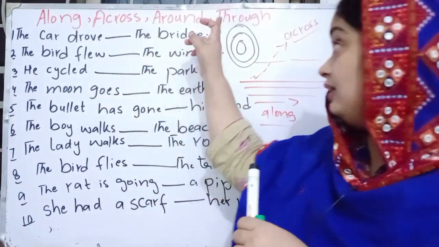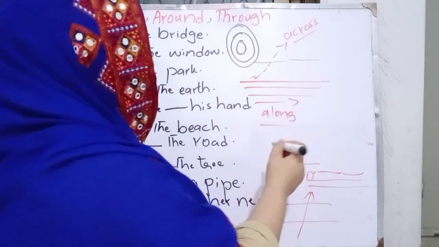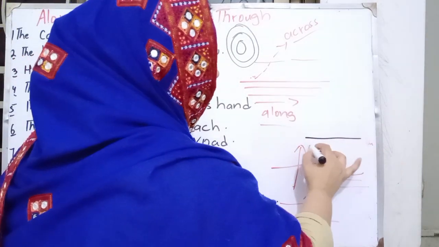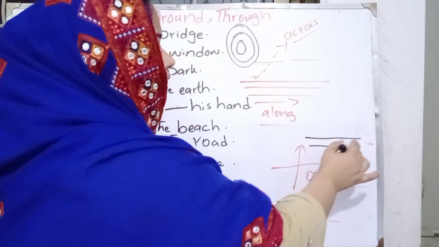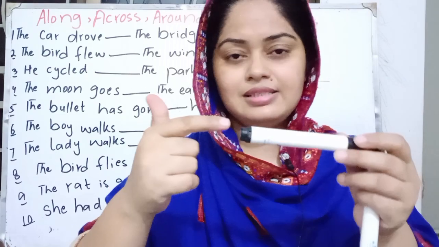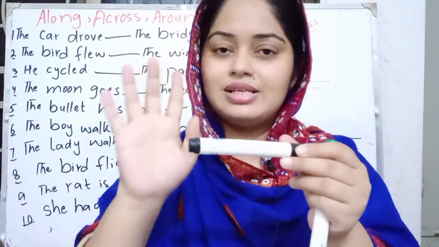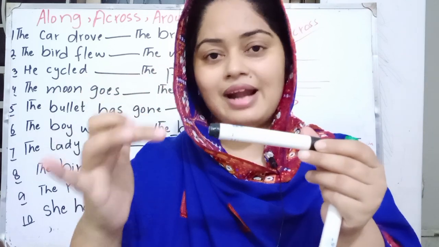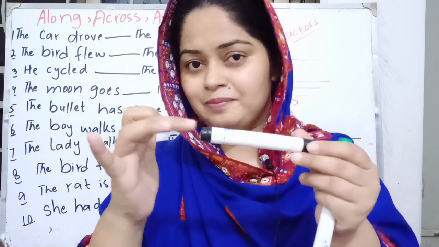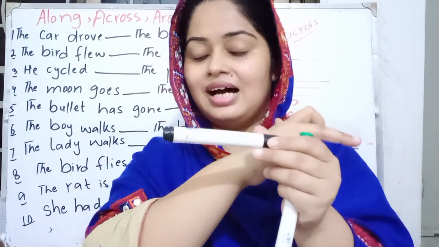But if the movement is from one end of something to another end, for example, if this is a pipe, the rat is passing through the pipe to reach the other end.